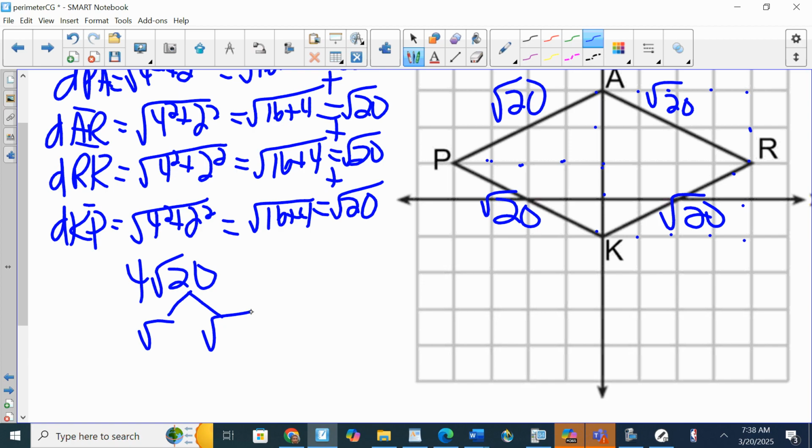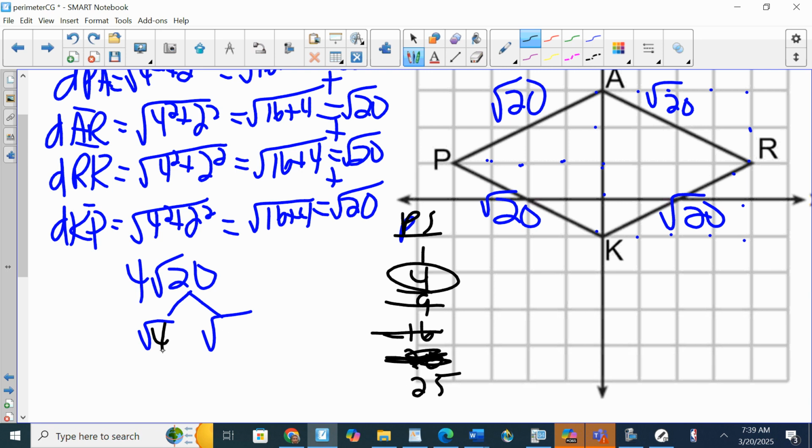Do I have my perfect squares here still? Nope. I look at my perfect squares: 1, 4, 9, 16, 25. That's all I'm going to write right now. 20 would fall here. 16 doesn't go in. 9 doesn't go in. 4 does. 4 and 5.